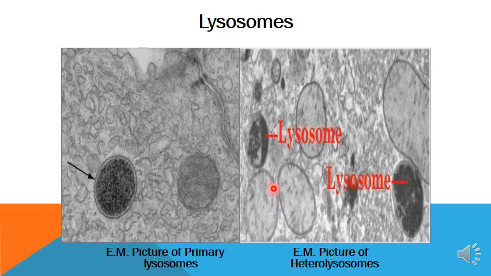The heterolysosome appears in the cell as a heterogeneous circle with areas of electron dense and areas of electron lucent. So when this picture comes in the exam, I will write heterolysosome, not secondary lysosome. The type of the secondary lysosome should be mentioned in the practical exam.